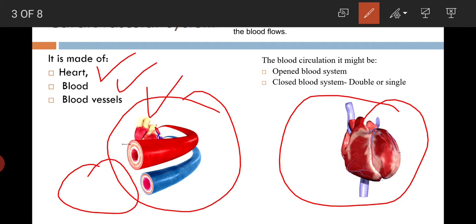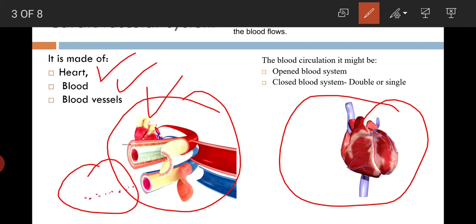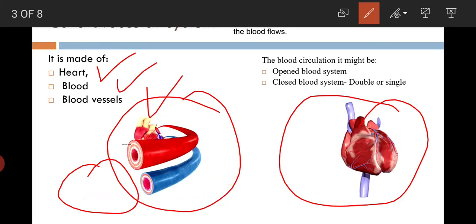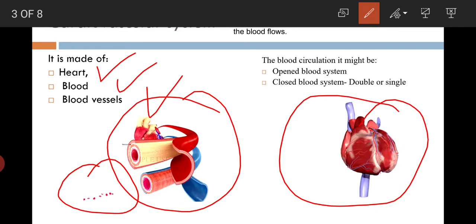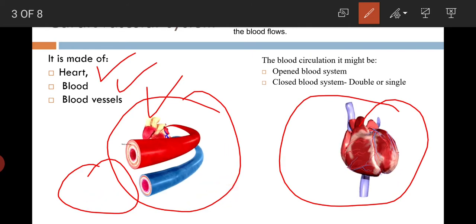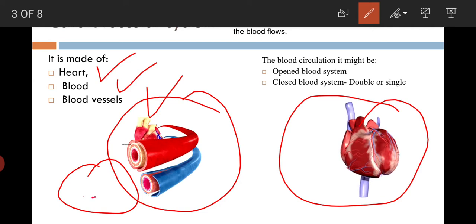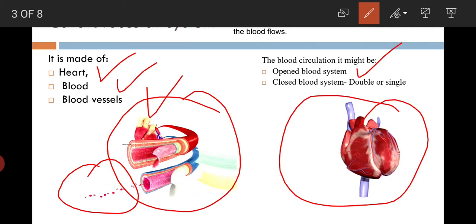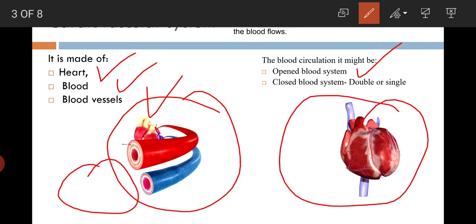The way in which the blood circulates in our body or in the body of different organisms might be an open blood system, or it might be a closed blood system.